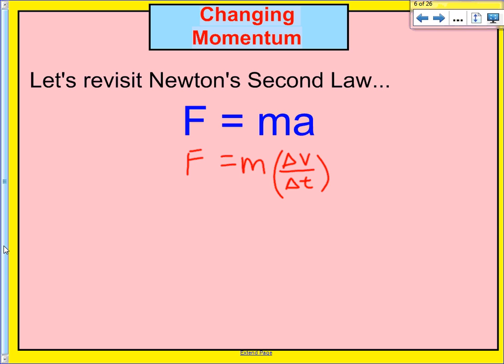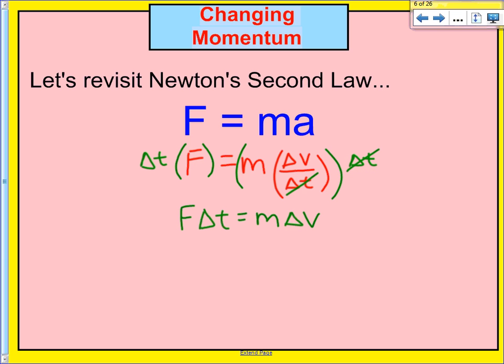Now I can rearrange this equation by multiplying both sides by delta t. If I do that, the delta t's cancel out, and I end up getting force times delta t is equal to mass times delta v.